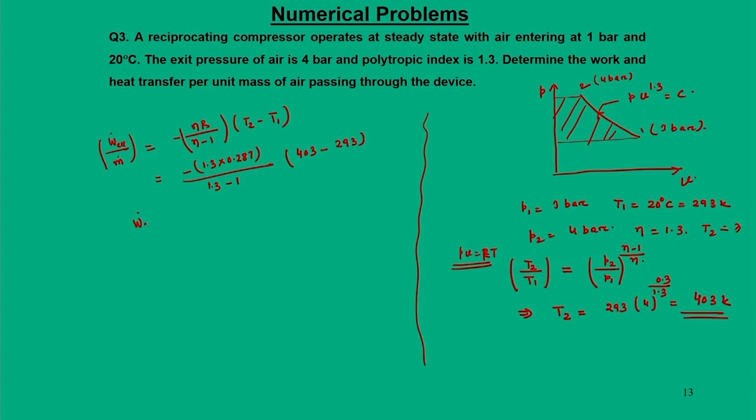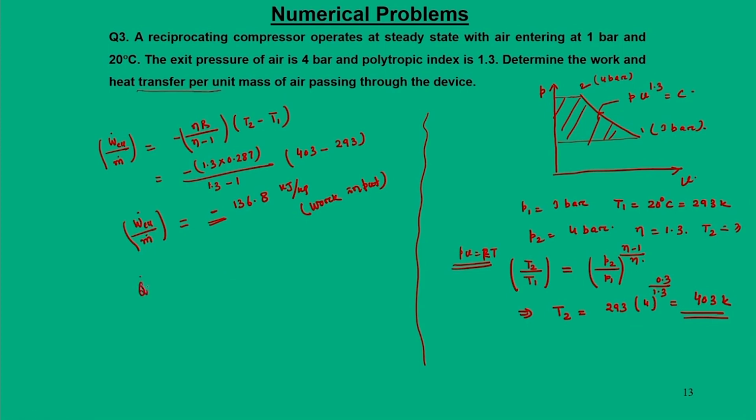So, W dot Cv by m dot is equal to minus 136.8 kilojoule per kg. So, the negative sign indicates work input to the compressor. Now, in a similar way we need to find out the heat transfer.